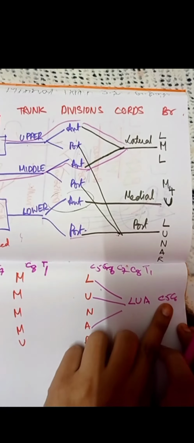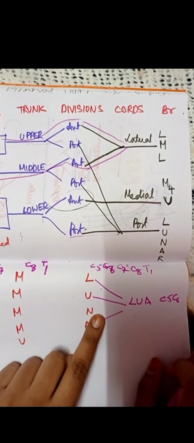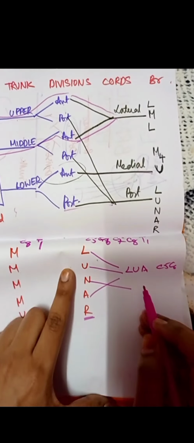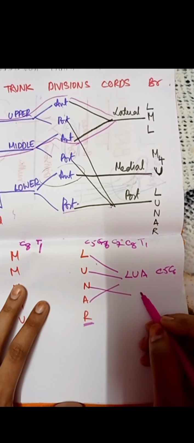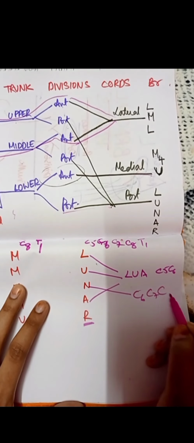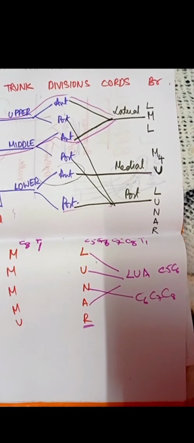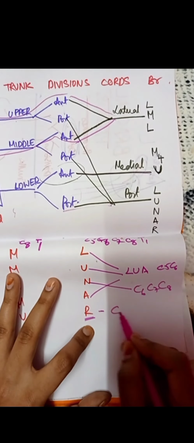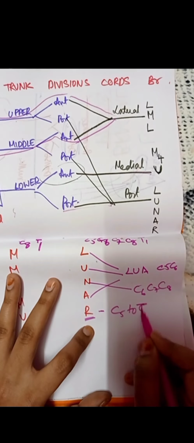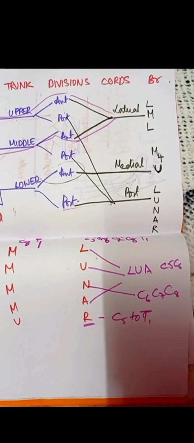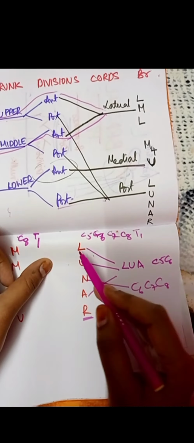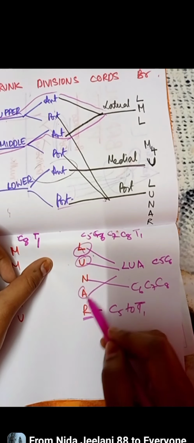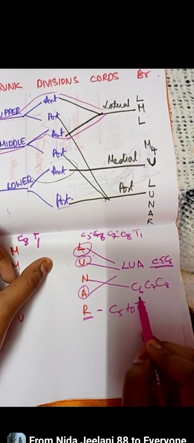N will have root value of C6, C7, C8. This radial nerve is very bulky. Why? It can take C5 to T1. So the posterior cord is a little tricky. So LUA will have C5, C6, N will have C6, C7, C8.